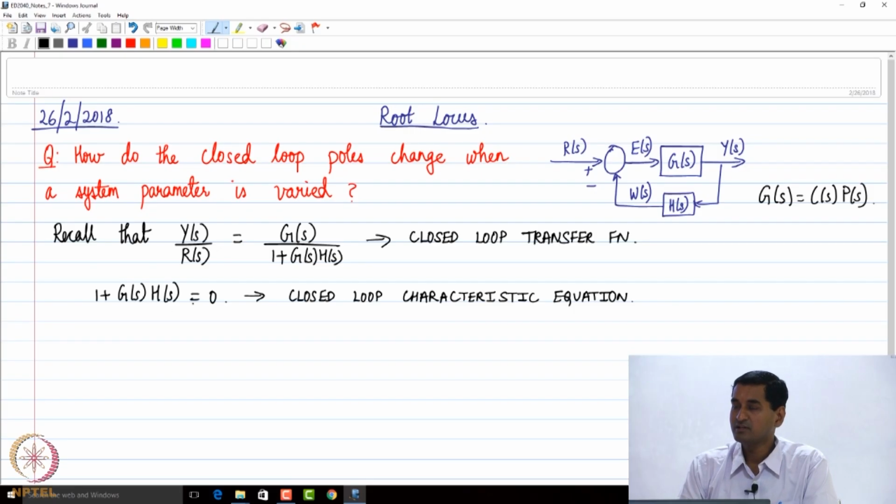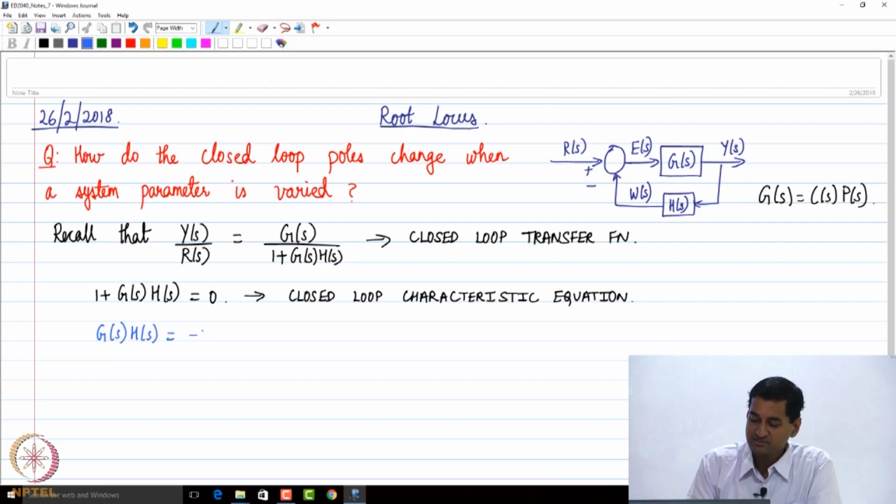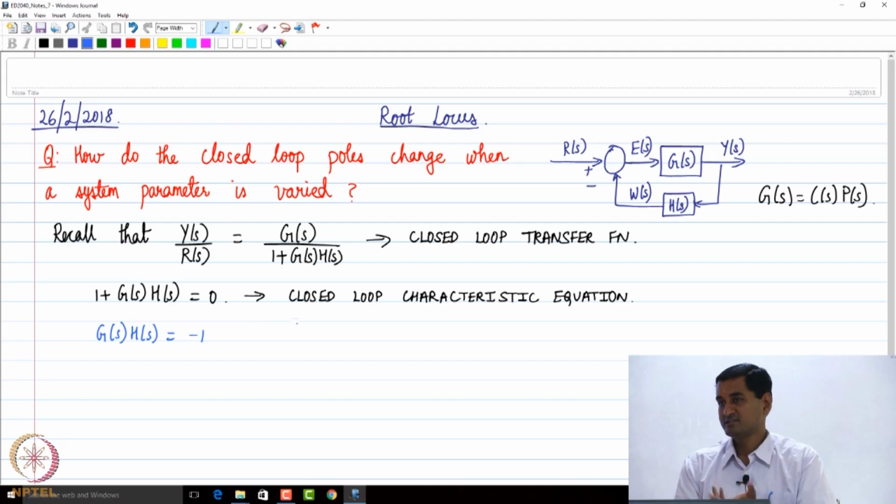And why is this important? Just to recap, the roots of the closed loop characteristic polynomial are the closed loop poles, right. So, that is why we are interested in this equation, right. So, this is what we have already looked at. So, if I rearrange the terms in this equation, I get G(s)H(s) to be equal to -1. Since s is a complex variable, G(s)H(s) is going to be a complex valued function of s, right.